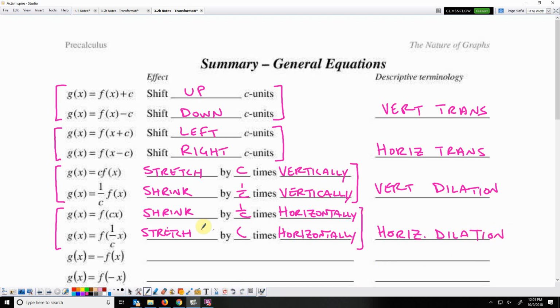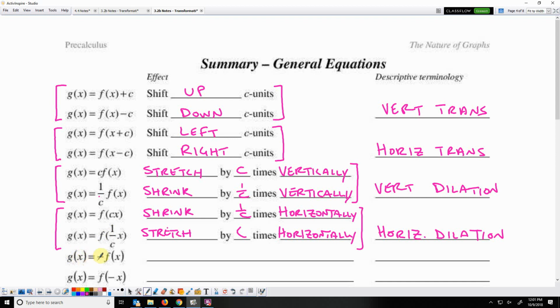So when I'm multiplying outside by a constant, I'm getting taller. By the reciprocal of that constant, it's getting shorter. When I multiply inside, it's getting narrower, but by the reciprocal of that constant, it's getting wider.